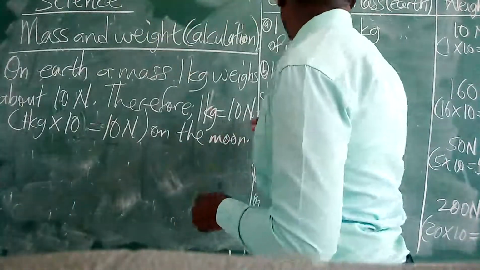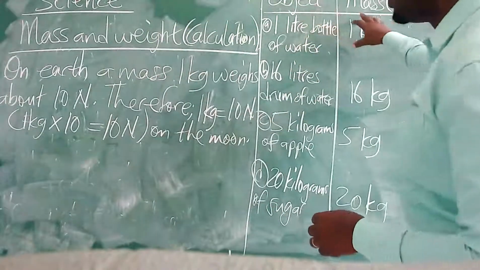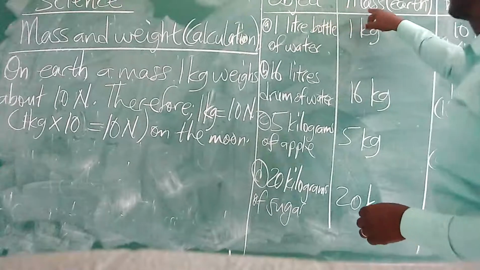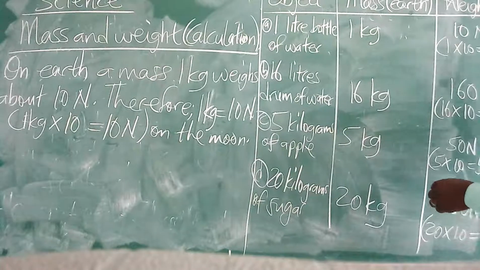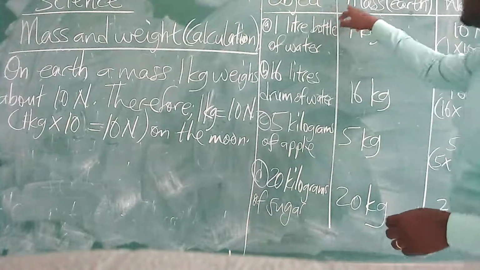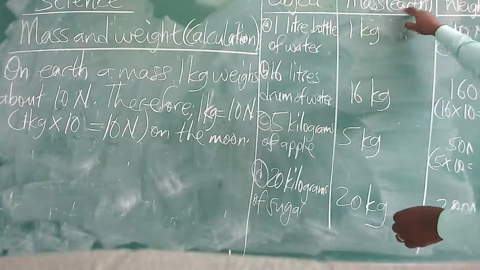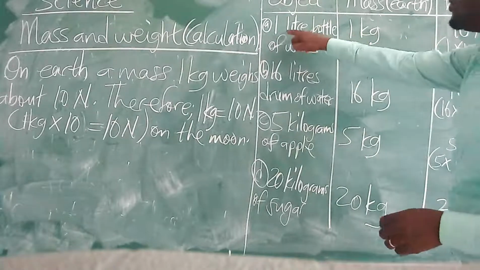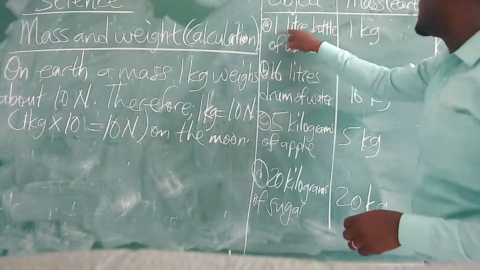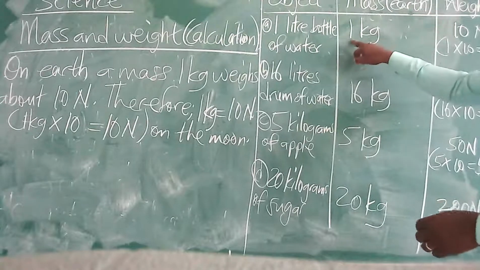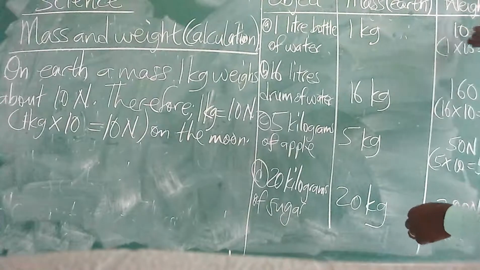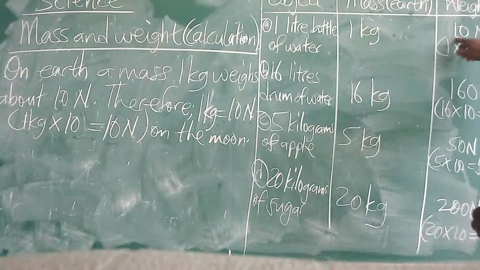So looking on the board, we have object mass, that's on the earth, and then weight on the moon. So we have 1 liter bottle, the moon is what? 10 newtons.